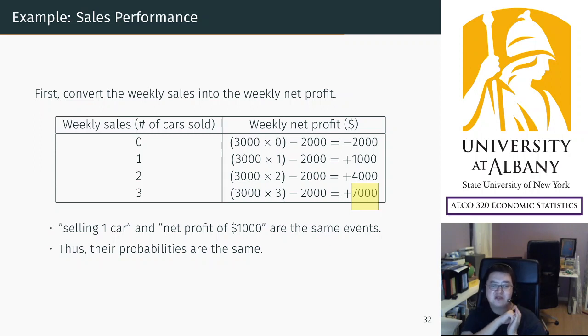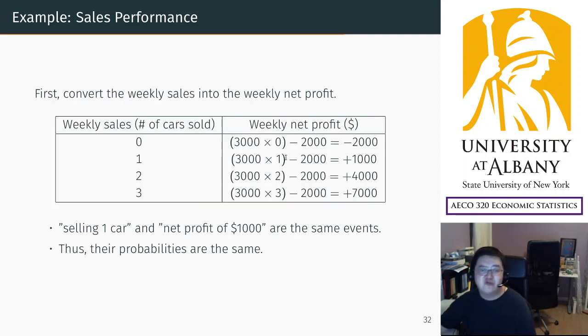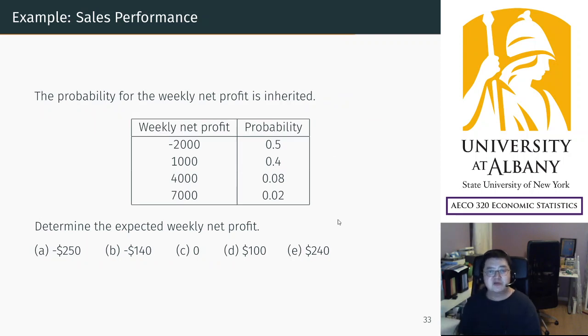And another point I'd like to make here is this is the clue to calculate the probability for the new variable. We need to calculate the probability for this new variable, and the probability is coming from this idea. If you understand that the 2 variables are basically the same events using different labels, then it's easy to understand. The probability for the weekly net profit is simply inherited from the original variable.